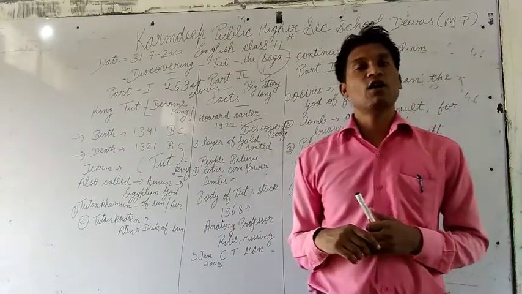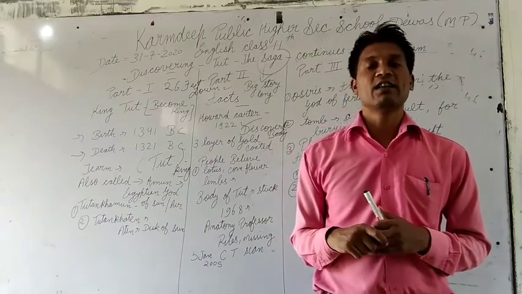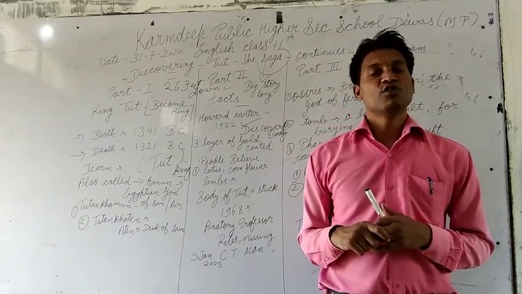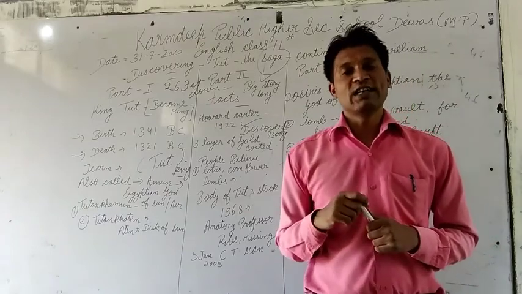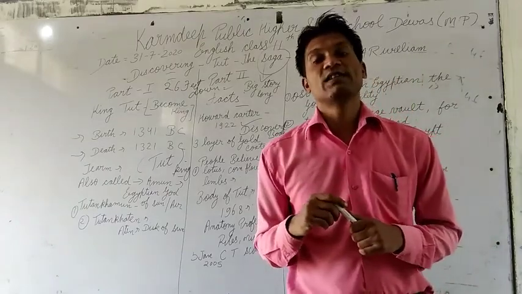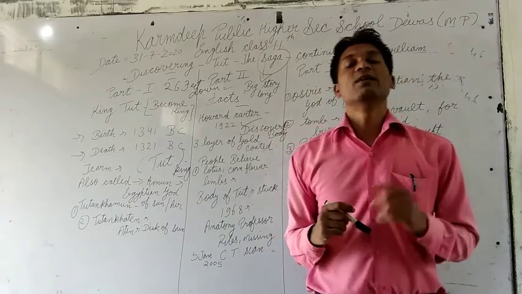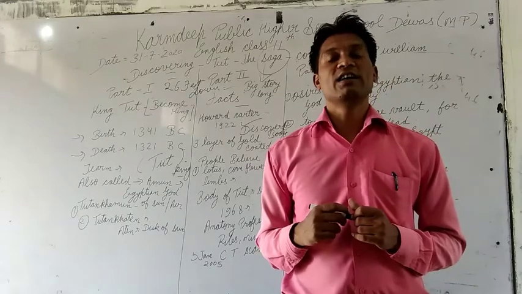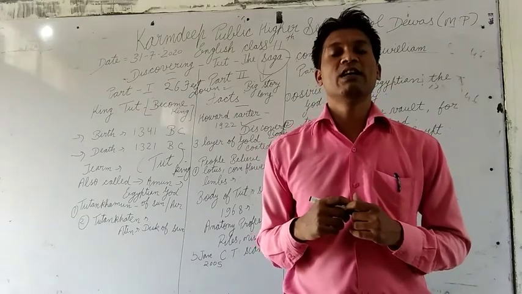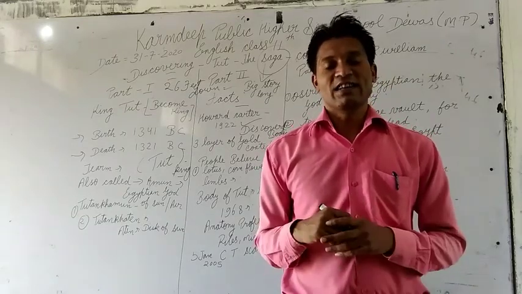So when Howard Carter decided to take the body and study it, he was not able to take it out. On the coffin it has been written, remember, that if anybody disturbs the body, that person will get evil spirits and will die unnaturally.